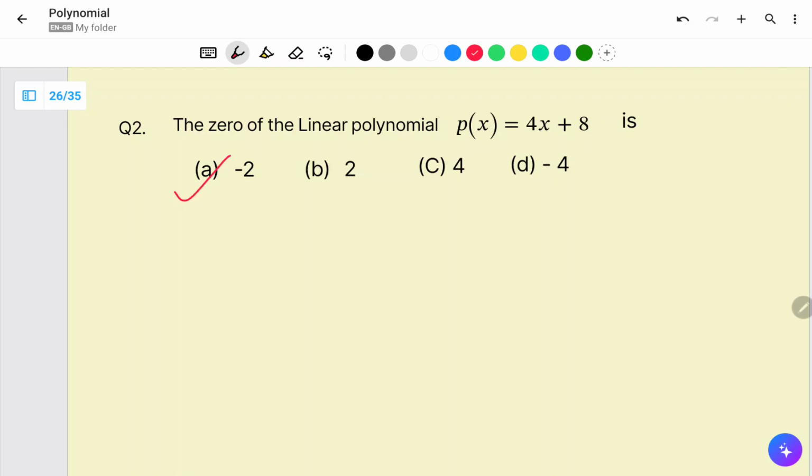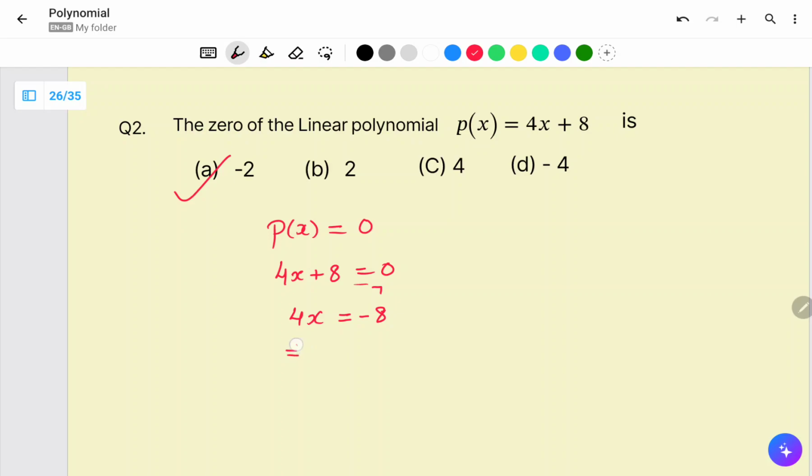From here we have to find the value of x for which p(x) is equal to 0. So therefore, from the given polynomial p(x) is equal to 4x plus 8, we can write 4x plus 8 equal to 0. If we take this 8 to this side, we will get 4x equal -8.